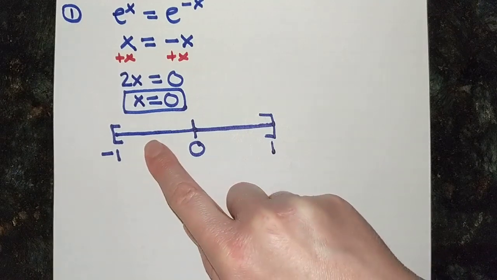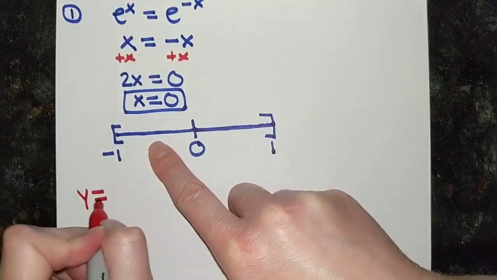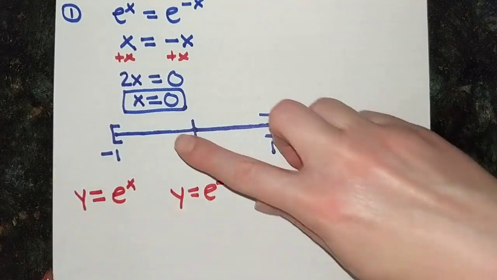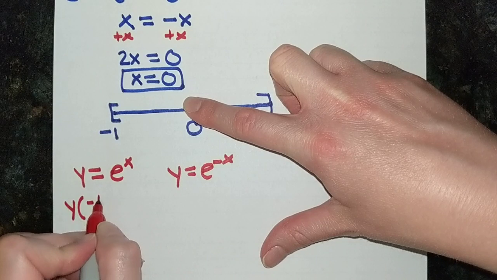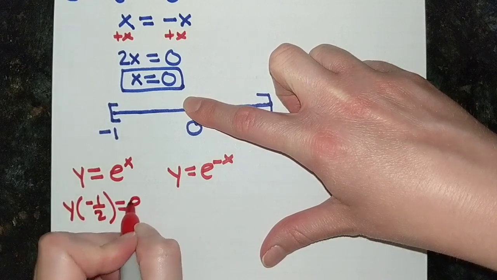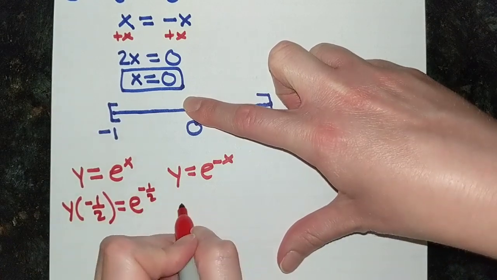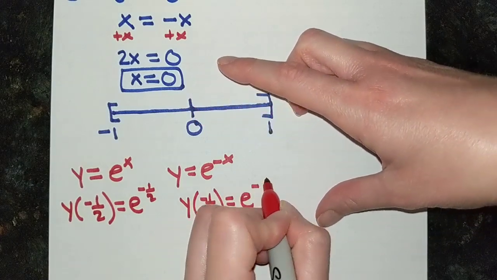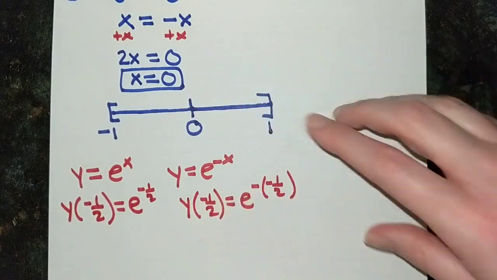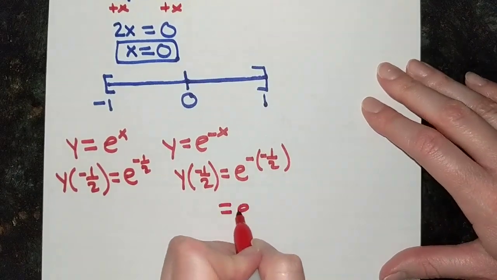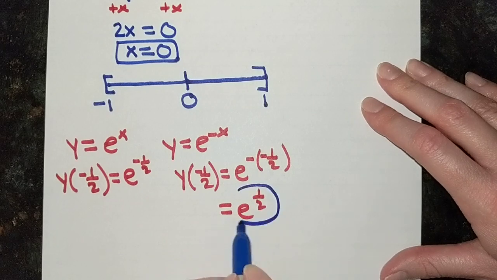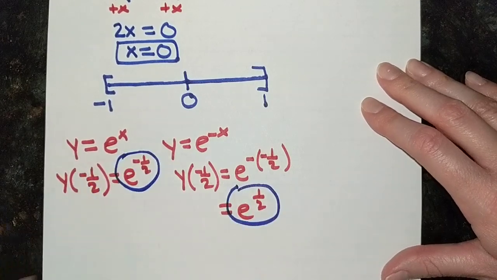So for the first interval, we have our two functions, e to the x, e to the -x, and for the first one, we might plug in, let's say, -1/2. Okay, so you'd have e to the -1/2, and then for the other function, you would get e to the +1/2. So what you're looking at here is e to the 1/2 versus e to the -1/2.